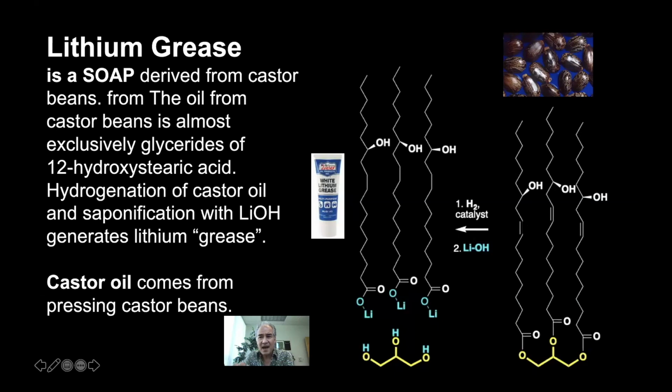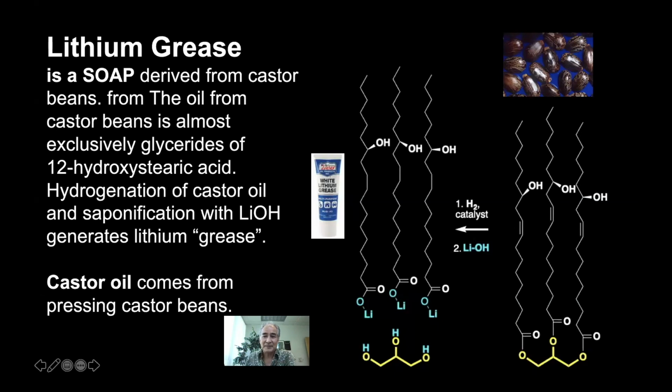Whereas if I take a fat molecule out of your body, you're not going to see the same chain. What you'll see is some of the chains have one cis double bond, another chain might have two cis double bonds, another one might have four cis double bonds. Very rarely would they ever have a hydroxy group on there. So it's kind of extraordinary to find a fat molecule from nature where all three chains are identical.